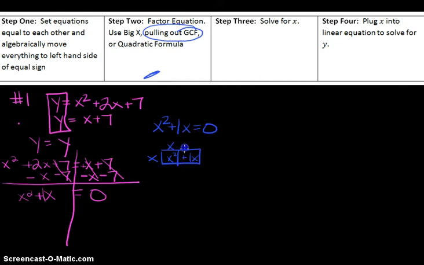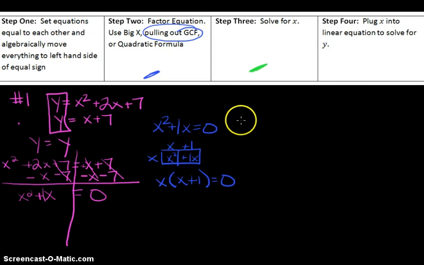And that's just a 1. And it's a positive 1. Okay? So these two are your factors here. X times the quantity x plus 1, equals 0. And now we're done with step 2. Okay? Moving on to step 3.